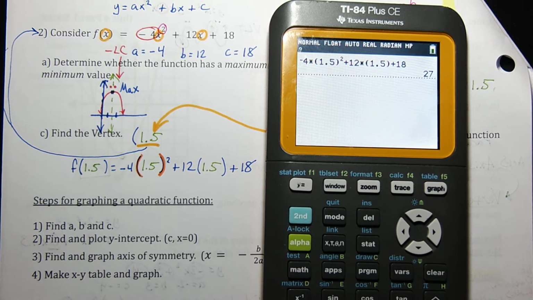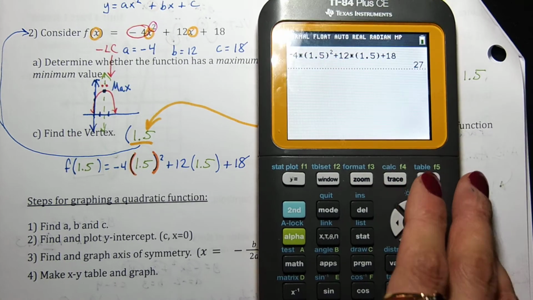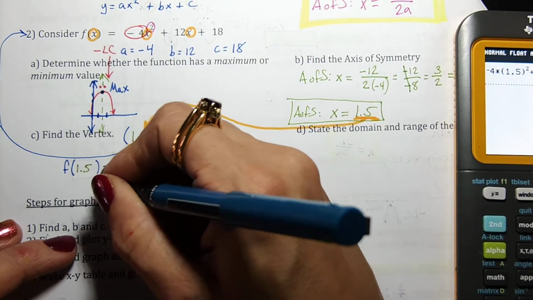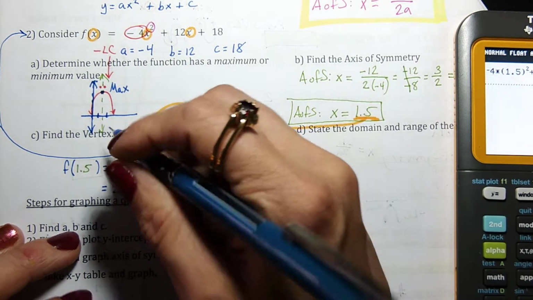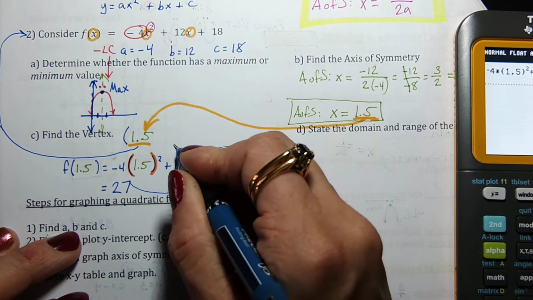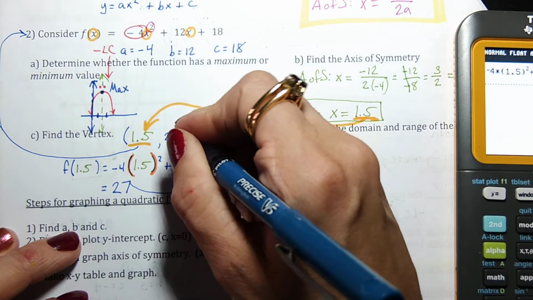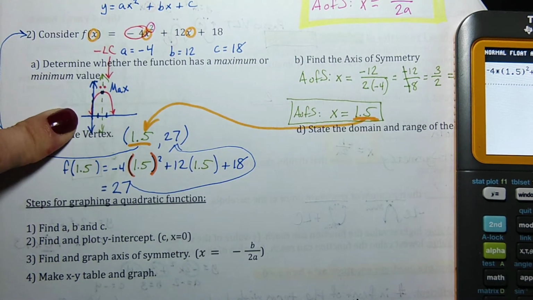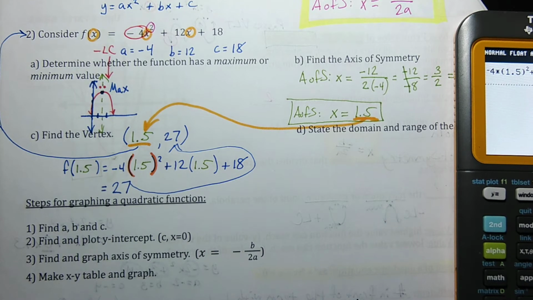So what did we just find? If f of 1.5 is 27, what does that tell me? That is the y coordinate of my vertex. So yeah, this little sketch that I did up here, definitely not drawn to scale, but I know that that high point, that y value, is going to be at 27.